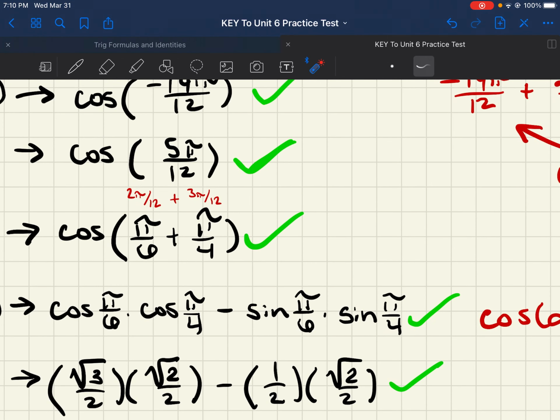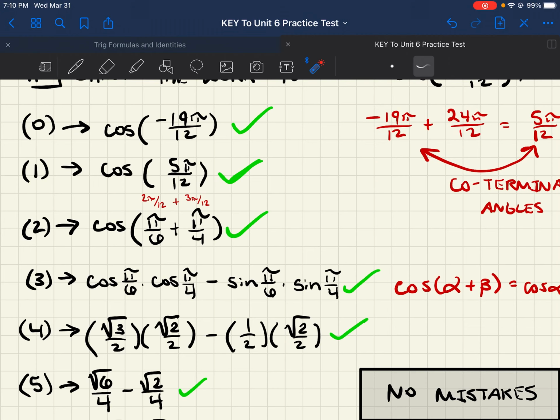And if we look at the two angles that 5 pi over 12 gets broken into, this student chose pi over 6 plus pi over 4, which works perfectly fine because pi over 6 is 2 pi over 12, pi over 4 is 3 pi over 12. They add together for 5 pi over 12, so that step is fine. And then the student goes ahead and uses the addition formula for cosine.